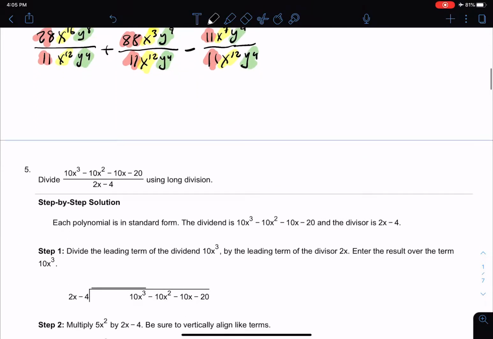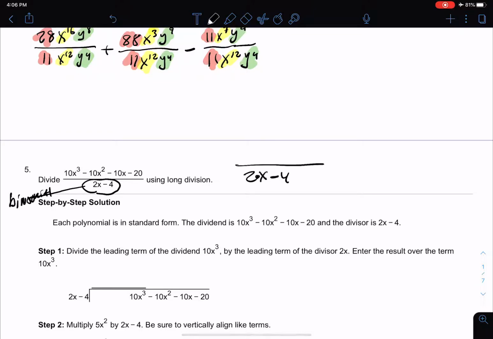But now notice we are dividing by a binomial. Dividing by a binomial, we have a totally different way of doing it. We could not do it the same way as before, because it would leave a binomial in the denominator, and you're not allowed to reduce when you have a subtraction symbol. You can only reduce factors, and factors are only when you have multiplication.